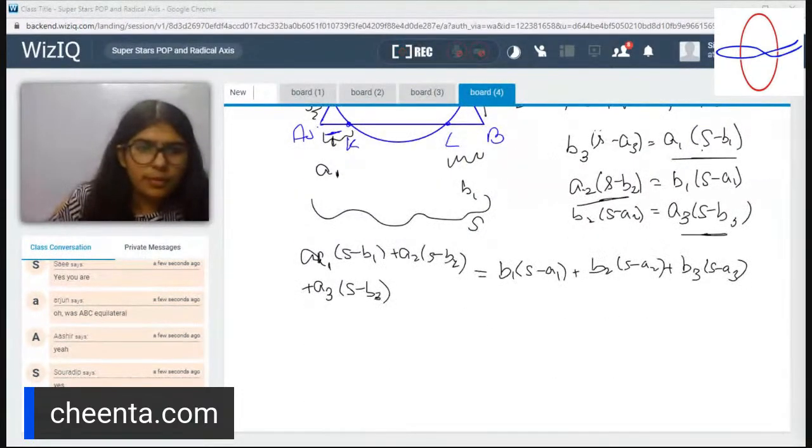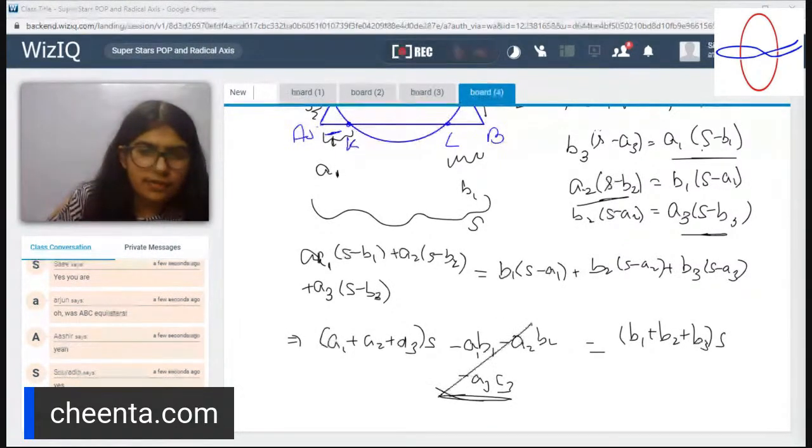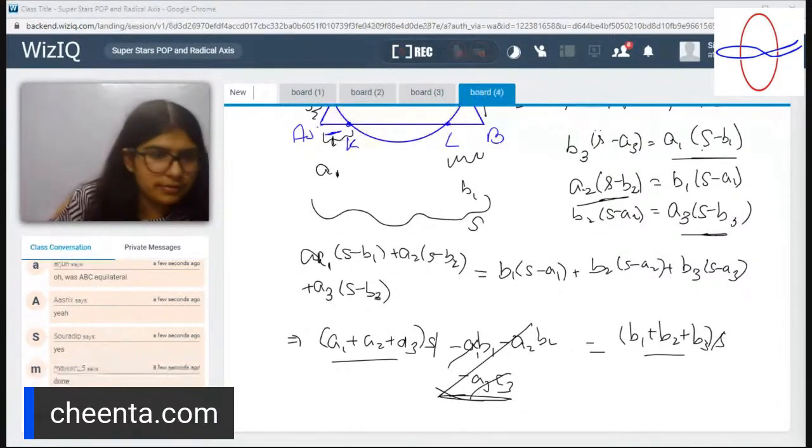What is this basically? A1 plus A2 plus A3 into S minus A1B1, A2B2 and A3B3 equals B1 plus B2 plus B3 into S minus the exact same thing, right? So these will cancel, and then S will cancel, and you have the result.